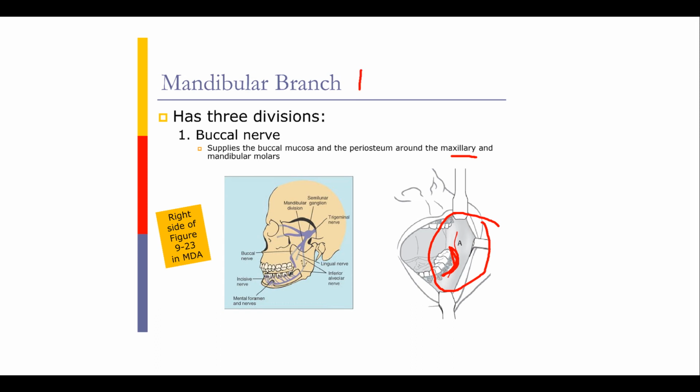This is the mandibular branch. So this is here, mandibular division is going down here, but off that mandibular division, there's actually some nerves that go wayward and go to the upper buccal mucosa. So this buccal nerve serves the buccal mucosa and periosteum around the maxillary and mandibular molars.